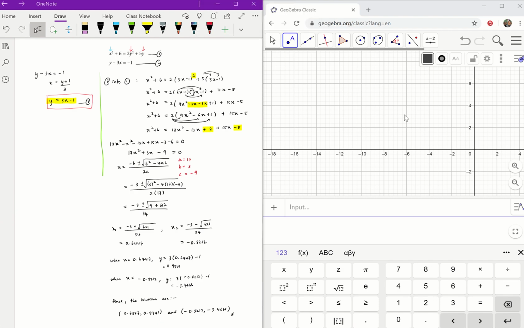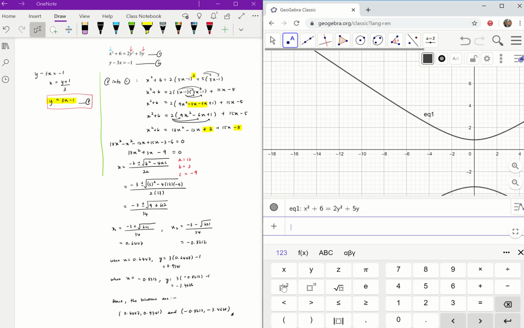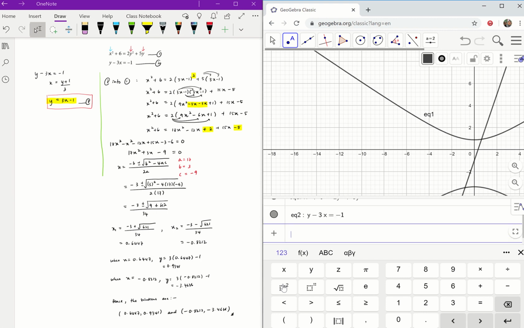And so I'm going to check my answer with GeoGebra. I substitute the equation x squared plus 6 equals 2y squared plus 5y. The other equation is y minus 3x equals negative 1.